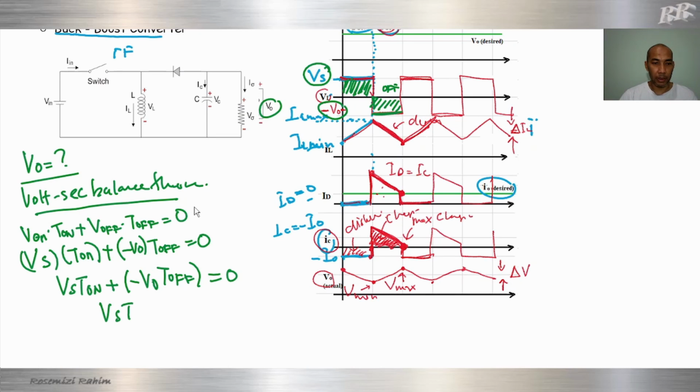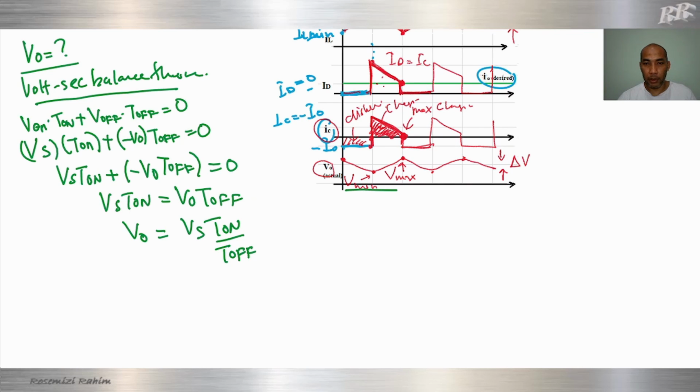So Vs T on equals V out T off, and V out equals Vs T on over T off.